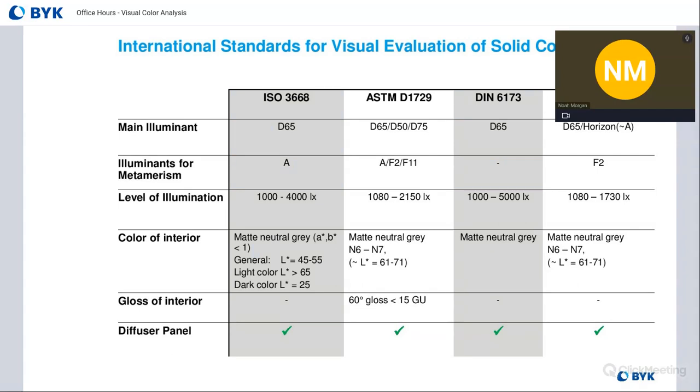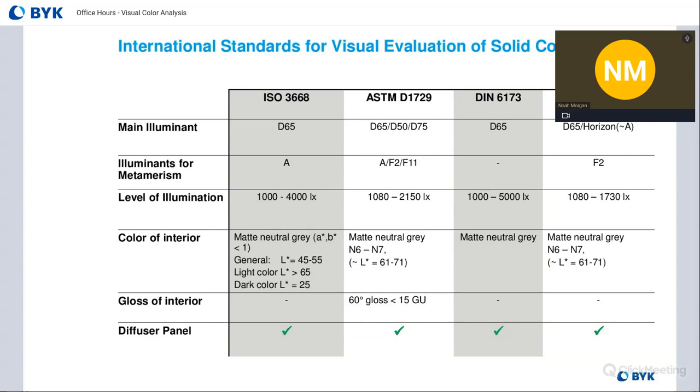So you see here the international standards for visual evaluation of solid colors. This was created by CIE, which is a French institution. And you see here, we have the ISO 3668, ASTM D1729, the DIN 6173, and the SAE J361.